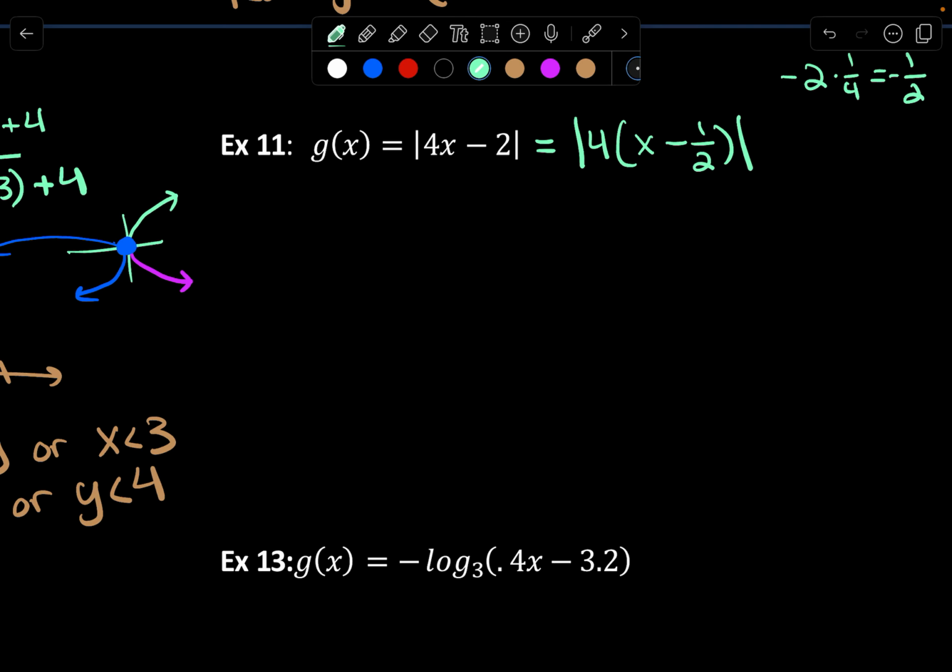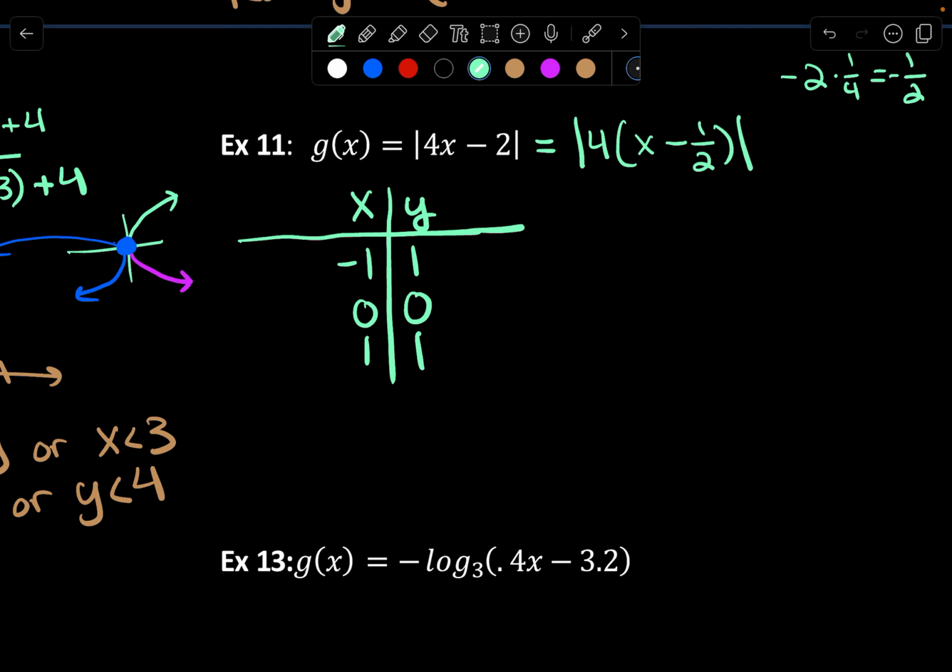All we have are x or horizontal transformations with this one, so that'll make this a little bit easier. So for the absolute value, it's similar to the quadratic. It is even, and it's going to have all positive values. So we'll have -1, 0, 1, and then 1, 0, 1.